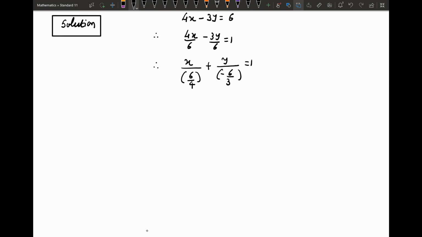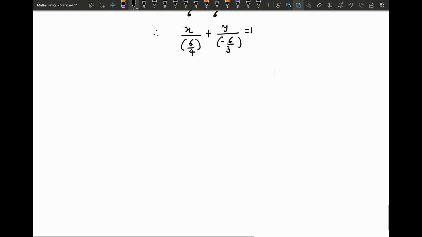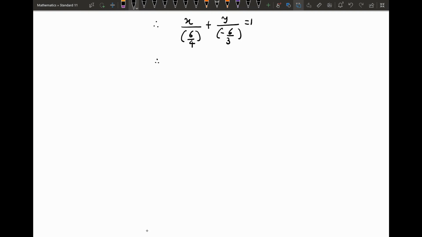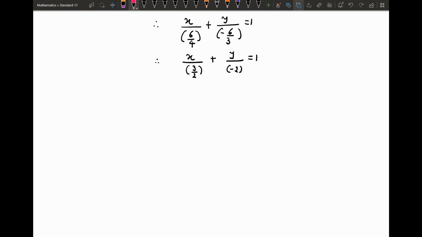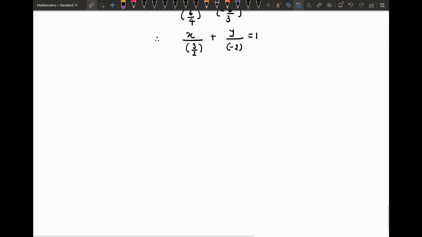Further simplification will give x upon 3 by 2 plus y upon minus 2. Now when we compare it with x by a plus y by b equal to 1, this is our a, the x intercept, and this is our b, which is the y intercept.